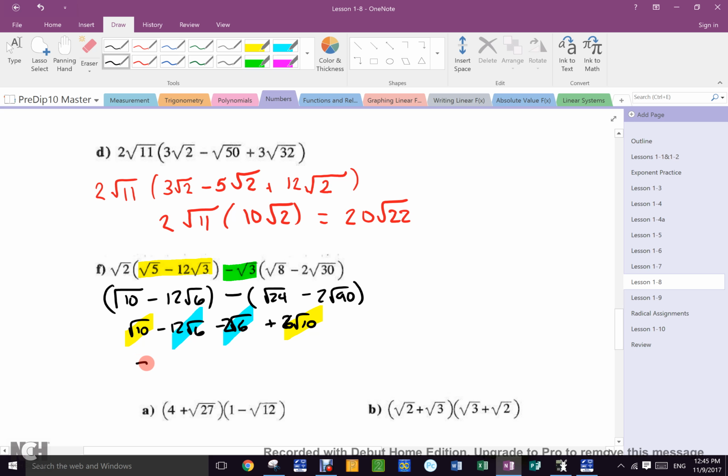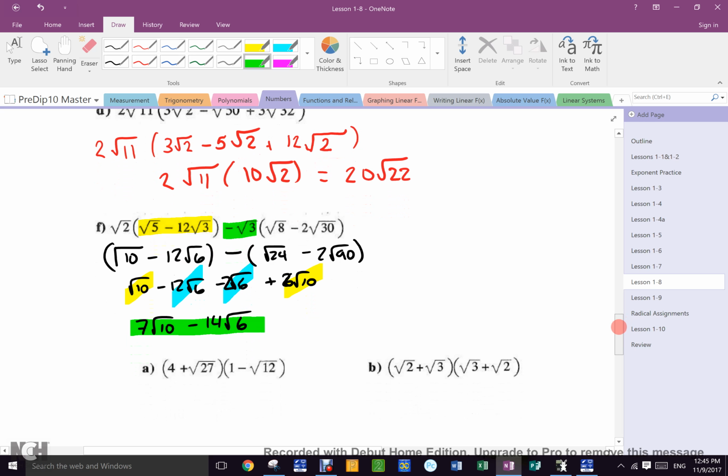Add them to get 7 root 10s and, oh, because it's root 6. It will work now. Negative 14 root 6. Okay.